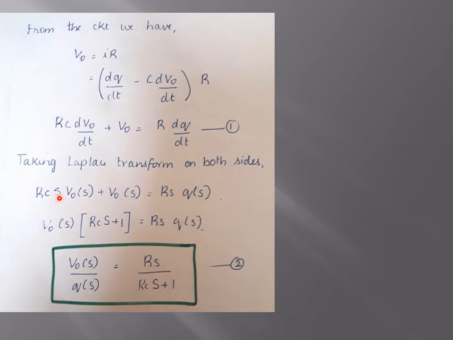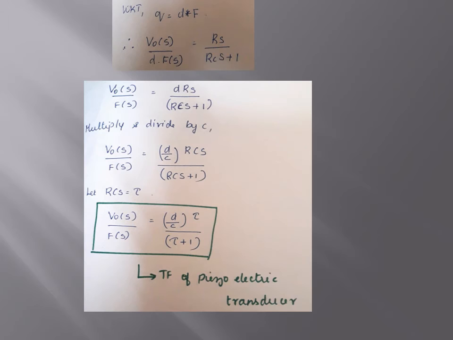RC S into, the Laplace of dv0 by dt is S into v0 of S, plus the Laplace of v0 is v0 of S, and R will be a constant, so the Laplace of dq by dt is S into q of S. From this we take v0 of S common outside, so it becomes RCS plus 1, which is equal to RS into q of S. Taking the reciprocal, v0 of S by q of S is equal to RS by RCS plus 1. This is the piezoelectric transducer formula.